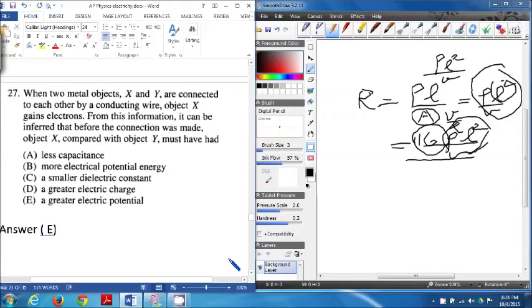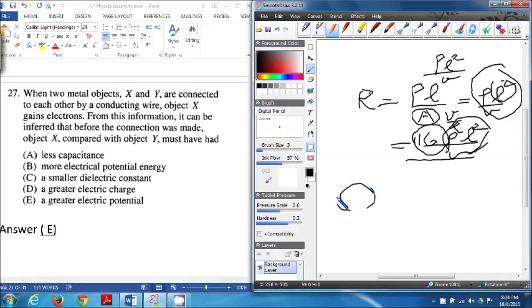That is, there are two objects, X and Y. Now we connect a wire. If they are neutral, then there is no flow of electrons. Now what happened? X gained electrons.